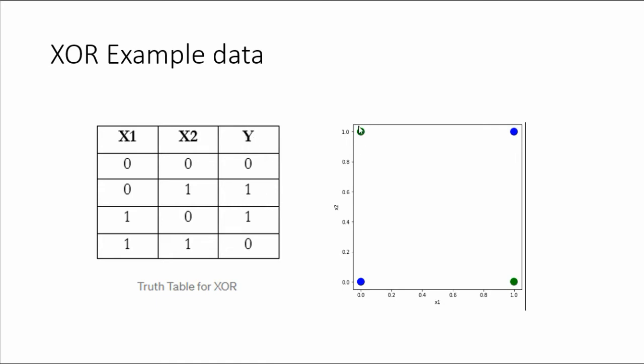As you can see, this graph plotting shows that the blue dot is 0, represented by when x1 and x2 are 0, so we get 0, and the green dot represents 0 and 1, and you get 1.